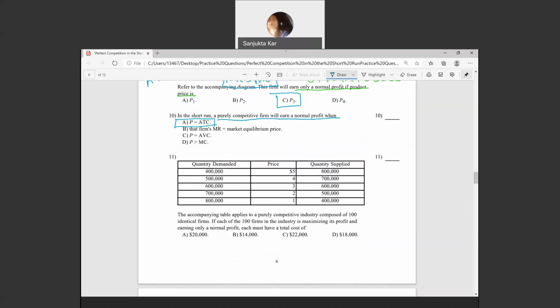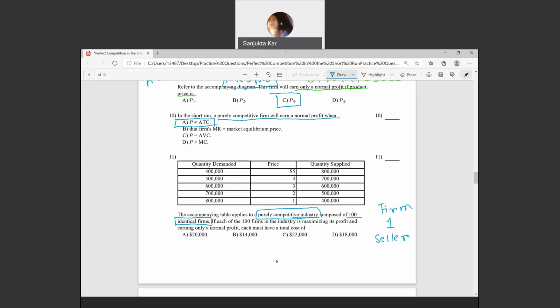I have the accompanying table that applies to a perfectly competitive industry. What's the difference between an industry and a firm? An industry consists of a bunch of identical farms, so we have a bunch of sellers, but a farm means we just have one single seller.